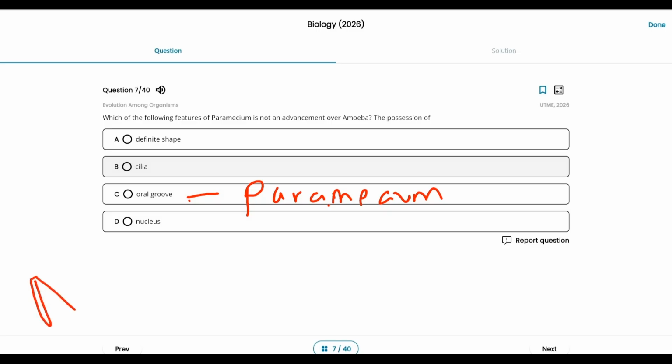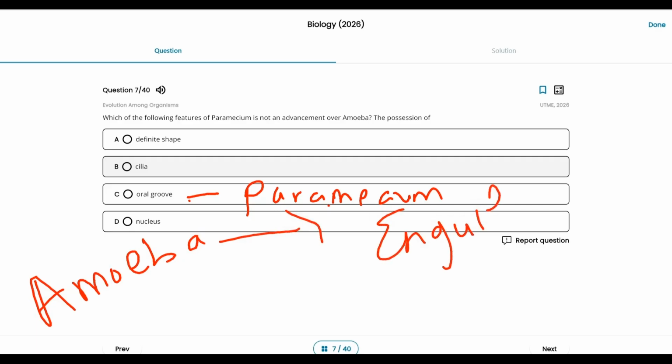Amoeba engulfs what? It engulfs food. Please just take note of this.